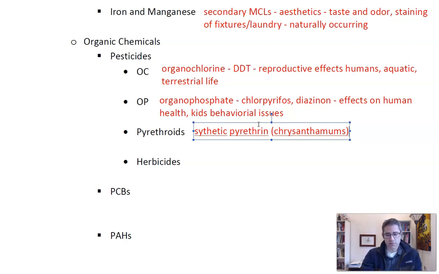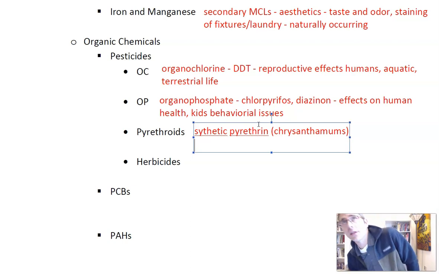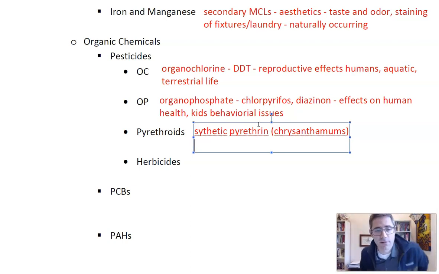But of course, we keep doing this thinking we're going to get away from the negative effects, but in fact, when you develop a chemical that is designed to be toxic to something, you shouldn't be that surprised when it turns out that it's toxic to things, including things you didn't want it to be toxic to.